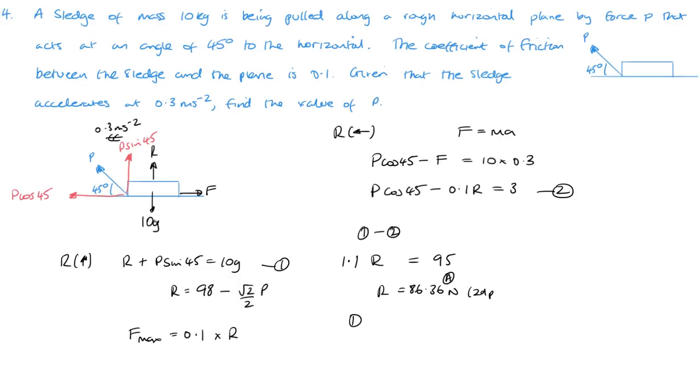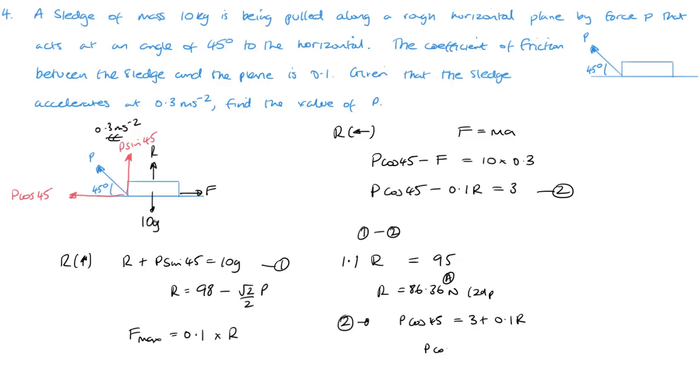Actually, I'll do it from 2. So from 2 we get P cos 45 equals 3 plus 0.1 R. Okay, so times this by 0.1 plus 3.